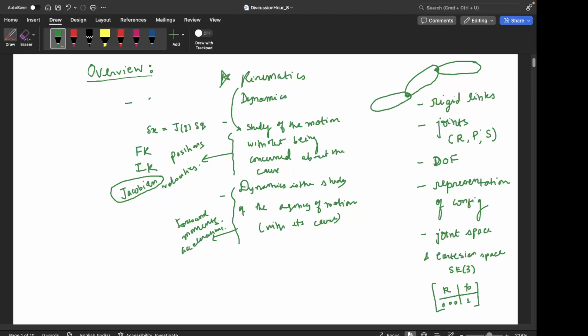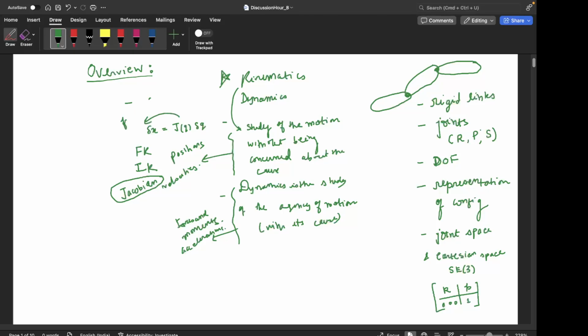And if I multiply the Jacobian expressed in the world frame or the base frame, then the delta x would be in the world frame or the base frame. So while doing transformations from joint space to the Cartesian space or the operational space, we have to be careful what frame our Jacobian is being expressed in.